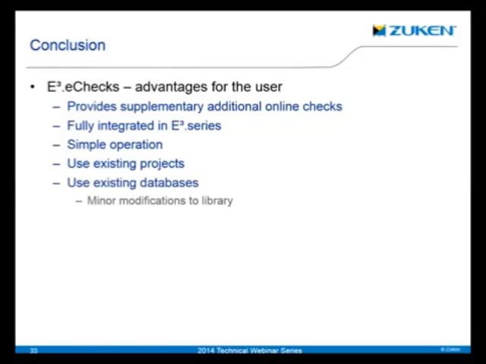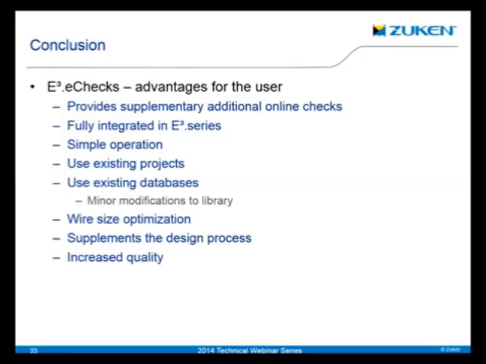Existing databases can be used for E3.eCheck with minimum effort. E3.eCheck helps you to optimize the wires. E3.eCheck is the ideal supplement for your design process, and E3.eCheck helps to increase your quality, and also provides additional safety for your engineering process.